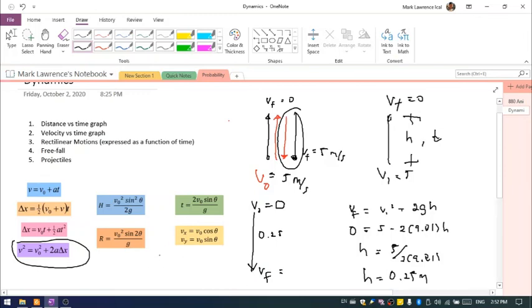Using the same formula, v final squared equals initial, which is 0, plus 2 times 9.81 times height, which is 0.25. So 2 times 9.81 times 0.25.